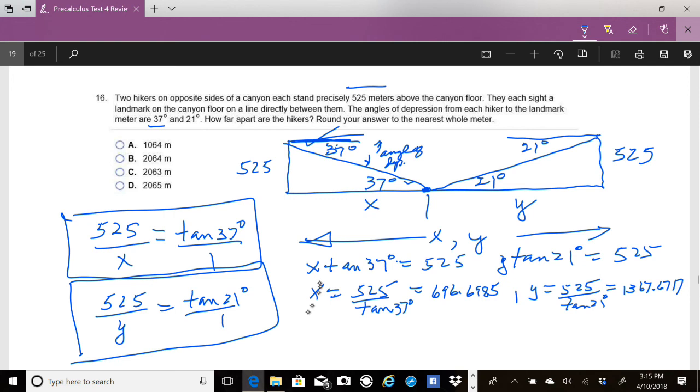So the distance between the hikers is x plus y. Adding these up, you get 2064.37. So rounded off to the nearest meter, it is 2064.